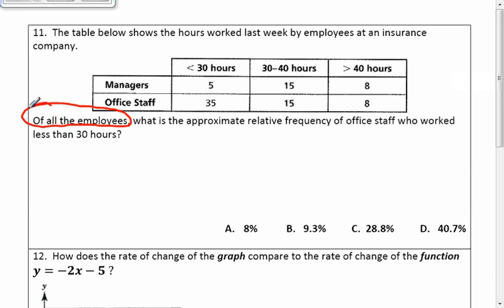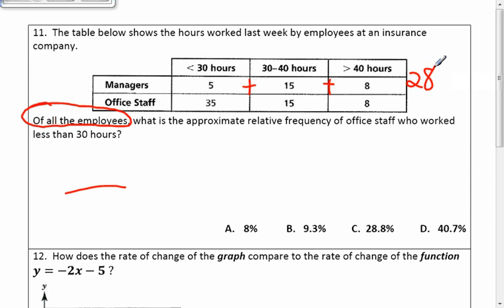So of all the employees, so we're talking about everyone. We're talking about the managers and the office staff. So we need to get the total number. I can get that by adding up all these numbers. 5 plus 15 plus 8 plus 35 plus 15 plus 8. So how many managers are there? 5 plus 15 plus 8 is 28.